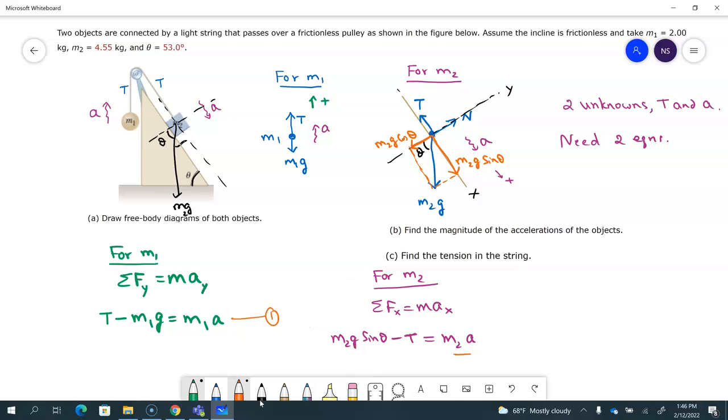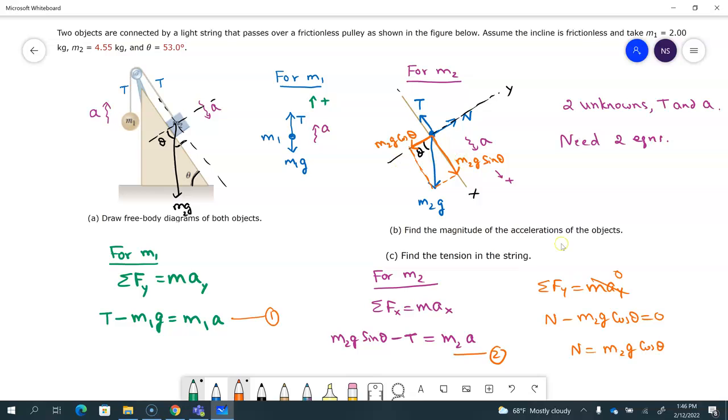So that's my second equation. I also have a third equation, but I don't really need it for this problem, but for completeness, we'll write it out. Net force in the y is mass times acceleration, but there is no acceleration in the y direction perpendicular to the incline, so this is 0, and the net force is n minus m2g cosine theta equals 0, or the normal force is equal to m2g cosine theta.